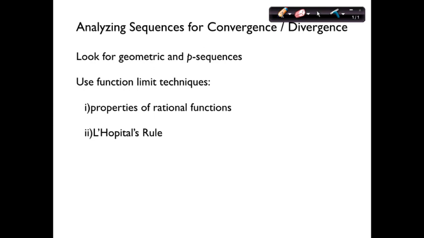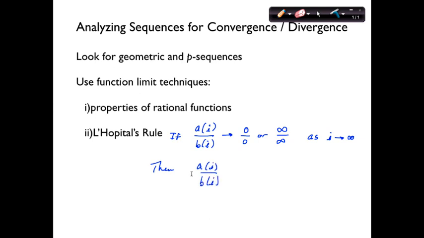So L'Hopital's rule says that if you have a sequence that's like a ratio of functions, and if both the numerator and the denominator both go to 0, or if they both go to infinity for large values of i, then the limit of that is equal to the limit of the ratio of their derivatives.